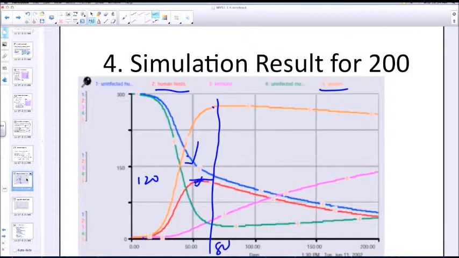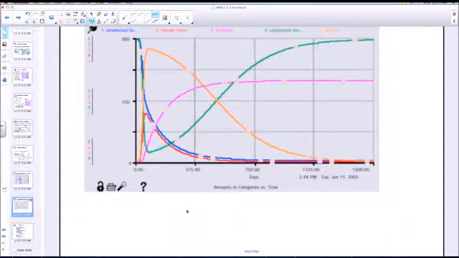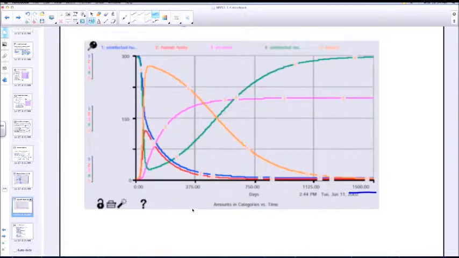Here it's not very clear to know the trend because you only look at 200 days. So what do I do? I change the 200 days to 1500 days. That will be 4 or 5 years. So now you see the clear trend.